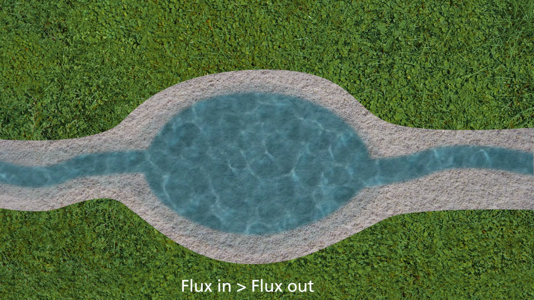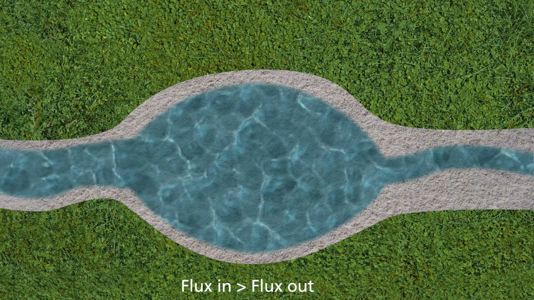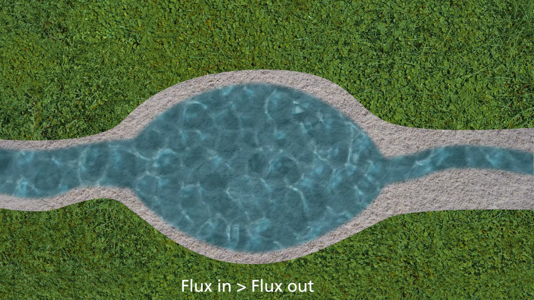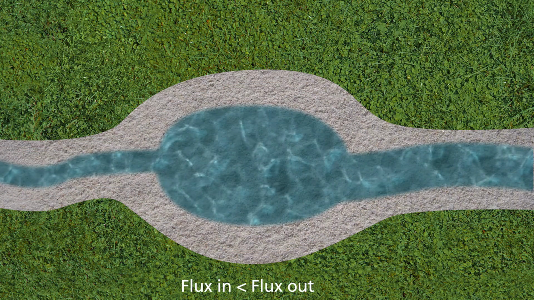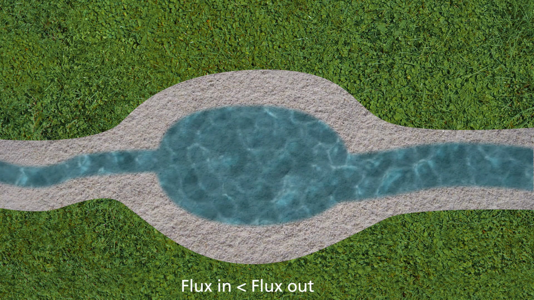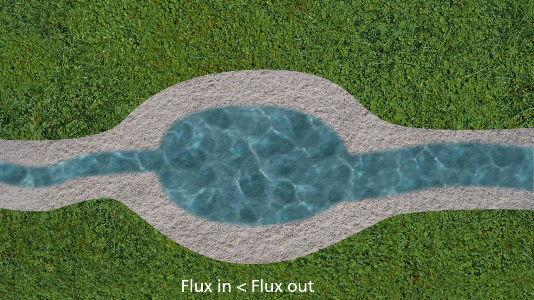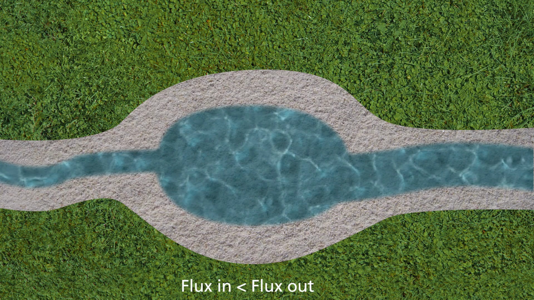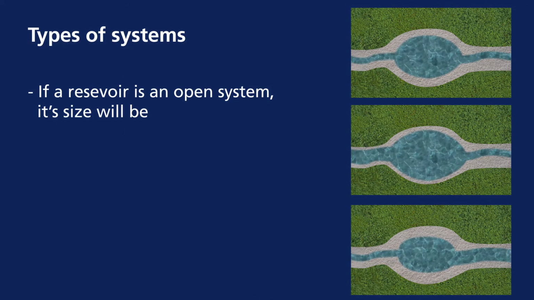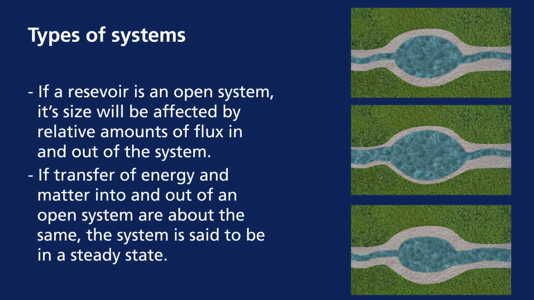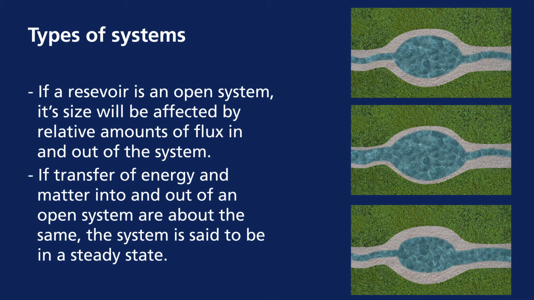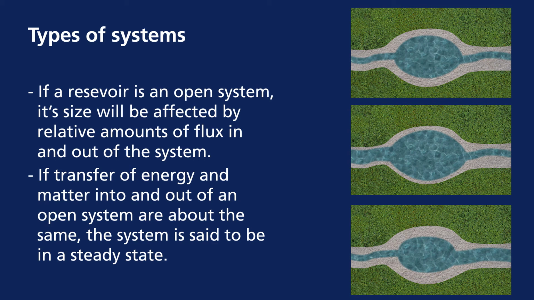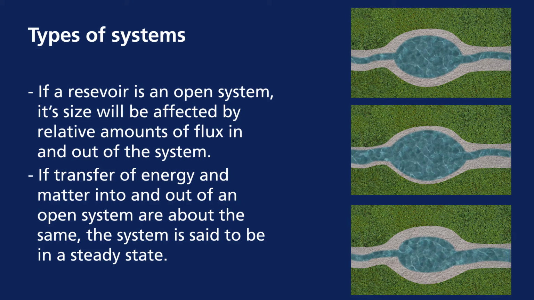If the flux in is greater than the flux out, this reservoir size is increasing, and vice versa. If the flux out is greater than the flux in, the reservoir size is decreasing. If transfers of energy and matter into and out of an open system are about the same, this system is said to be in a steady state, as shown in the figure on the right at the top.